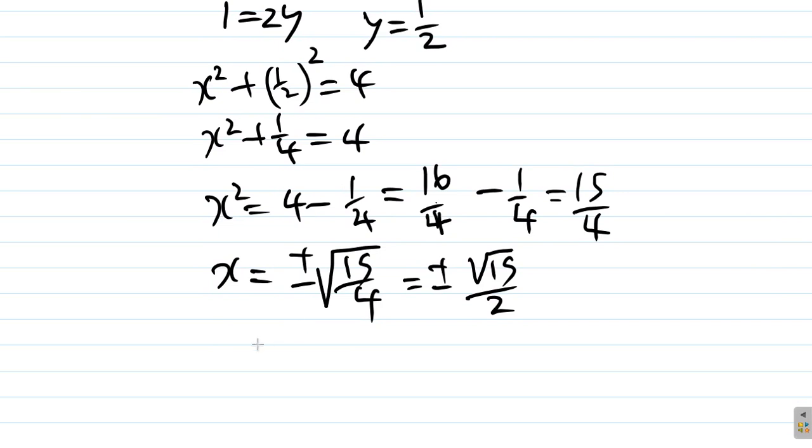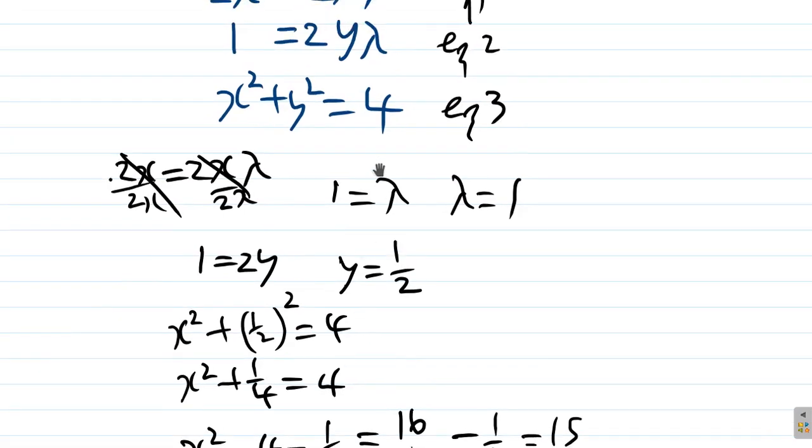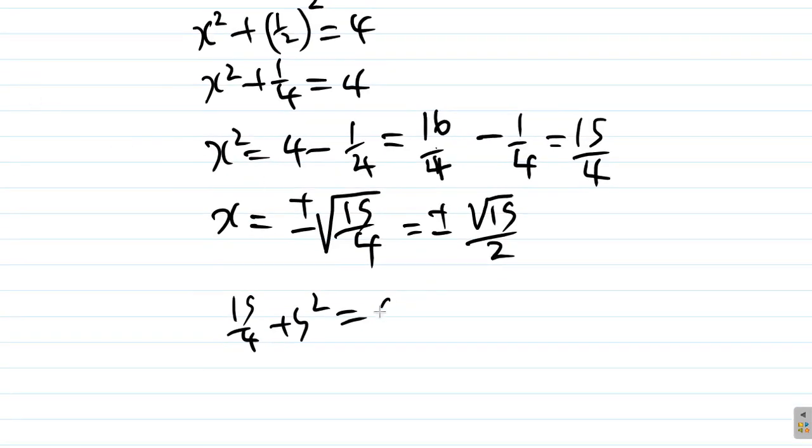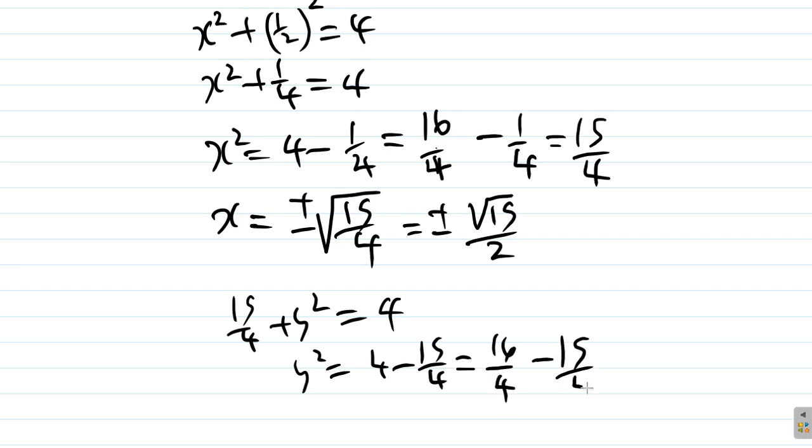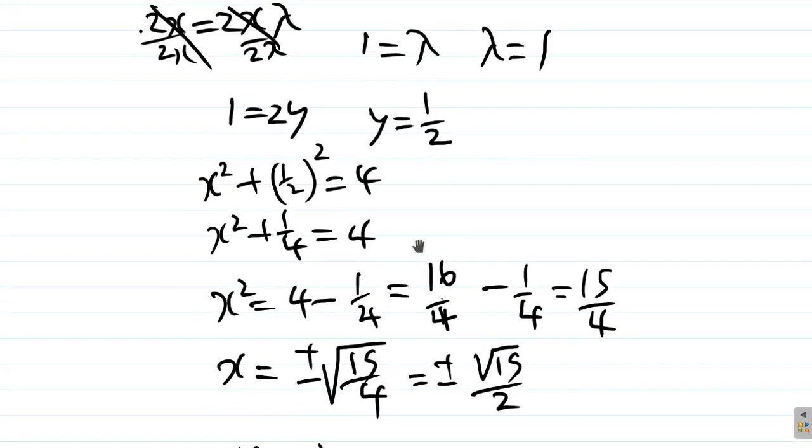So if x squared is 15 over 4, we have 15 over 4 plus y squared equals, what is it again? 4. So y squared would be 4 minus 15 over 4, which would be 16 quarters minus 15 quarters, giving us 1 quarter. So y squared is that. So y would be positive and negative square root of a quarter, which is a half. Alright. It takes us back to the half.